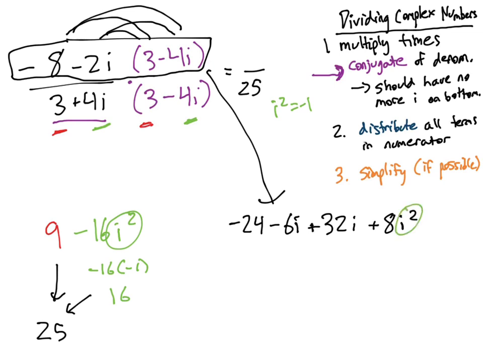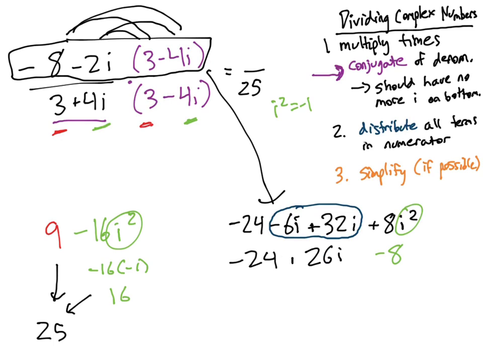And now we can use the fact that i squared is equal to negative 1. So this plus 8i squared is 8 times negative 1, which is negative 8. We should also combine together these terms of i in the numerator. So negative 6i plus 32i gives us 26i.